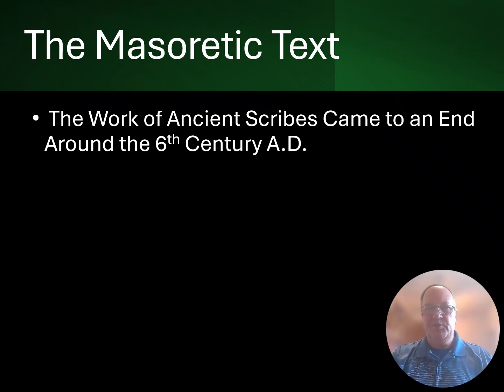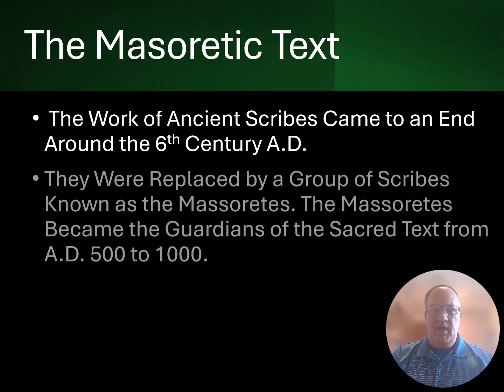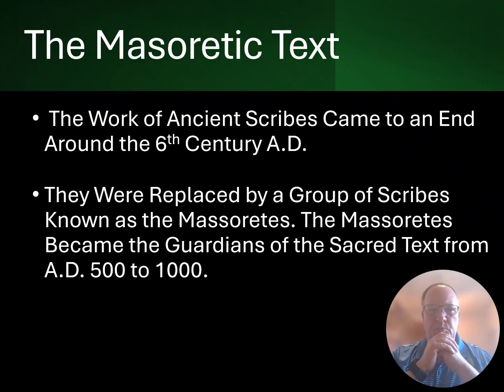Well, that was the work of scribes, and we've talked about that in previous lessons. The work of the scribe basically came to an end around the 6th century AD, and they were replaced by a group of scribes that came to be known as the Masoretes. The Masoretes were looked at as the guardians of the sacred text, and they did their work from AD 500 to AD 1000.